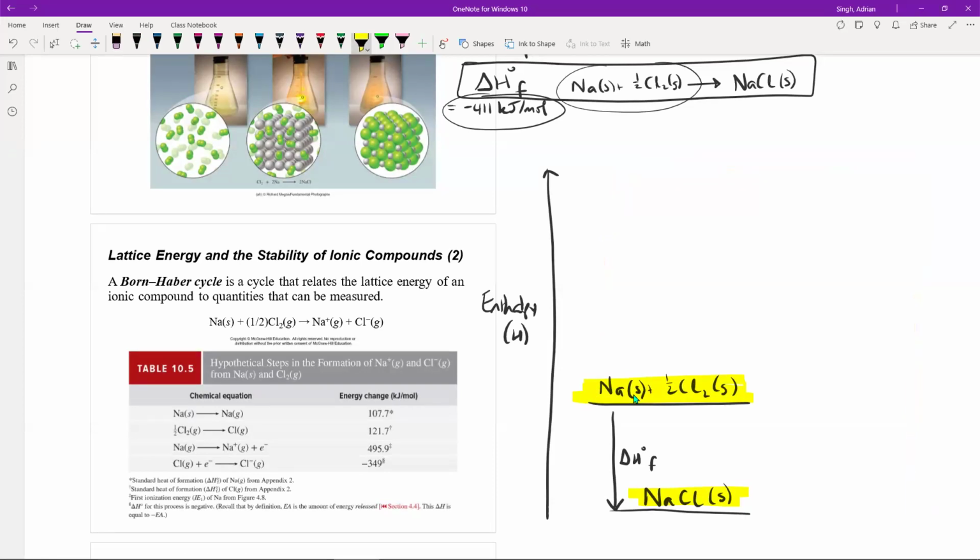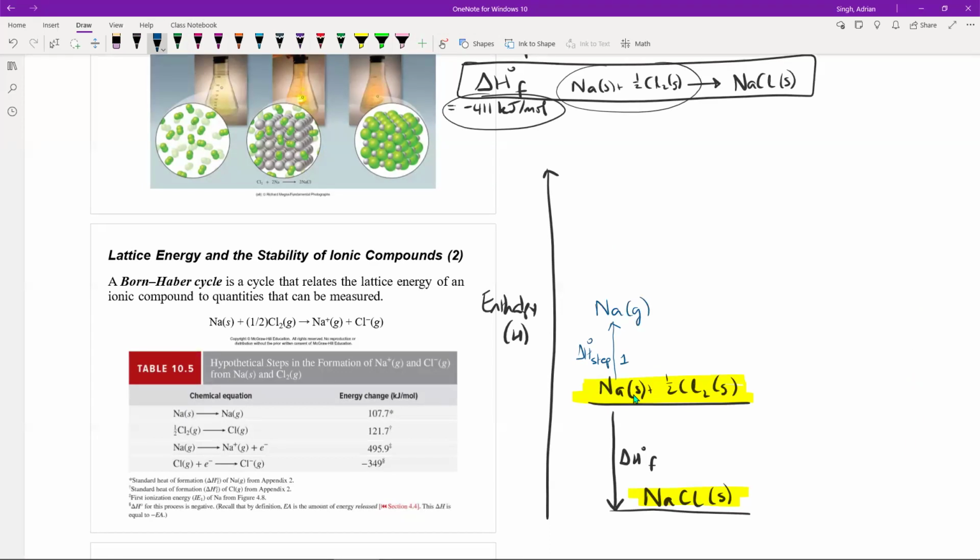So in order to get to this, we can take that sodium solid and convert it into sodium in the gas phase. Whatever the delta H for that reaction is, we'll call that step 1.